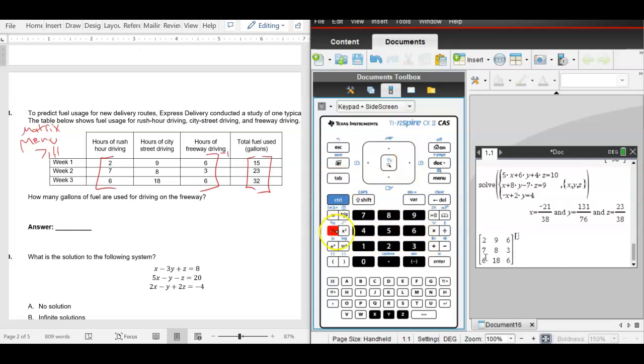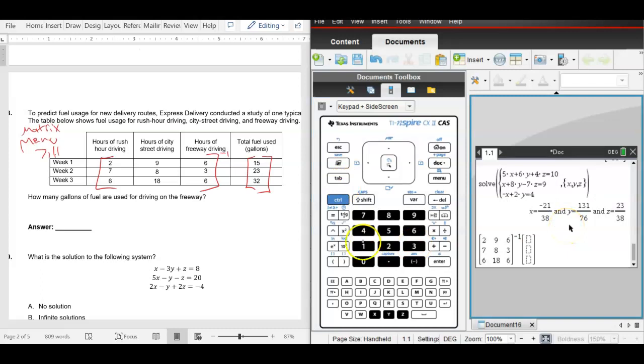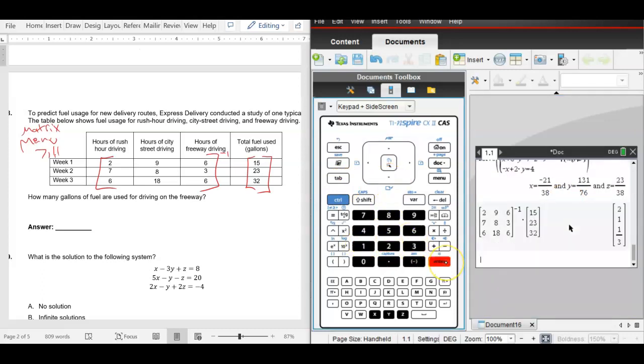Go to the right, caret -1, go to the right, menu 711, 3 by 1, and then 15 down, 23 down, 32. Okay. How many gallons were used of each?